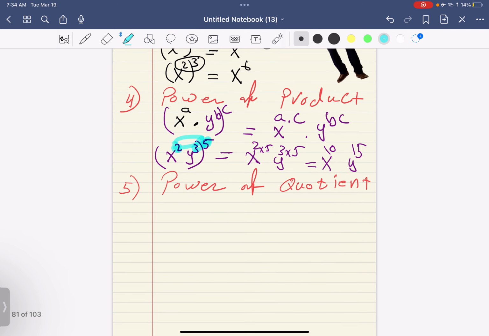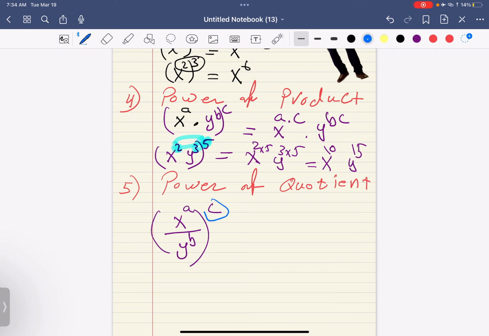Power of a quotient is the same thing. X to the a divided by y to the b, everything to the power of c. So the rule says you can take the c and multiply it to the a and to the b, and that will equal x to the ac over y to the bc.